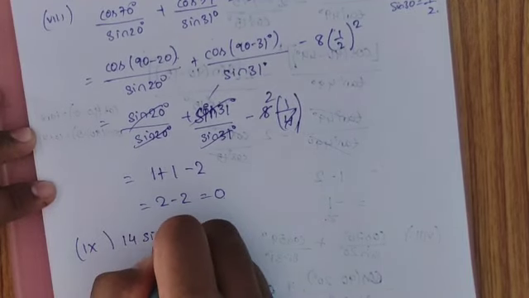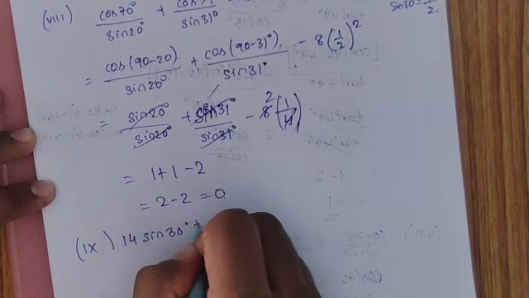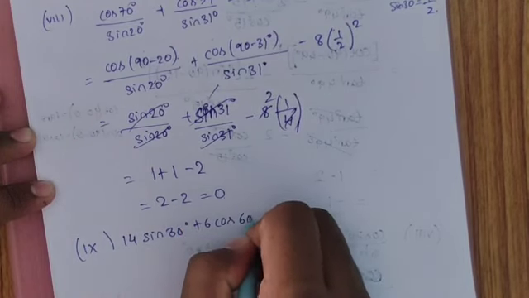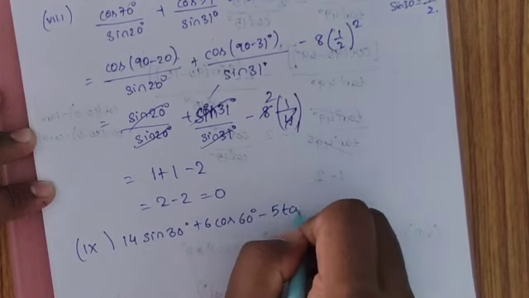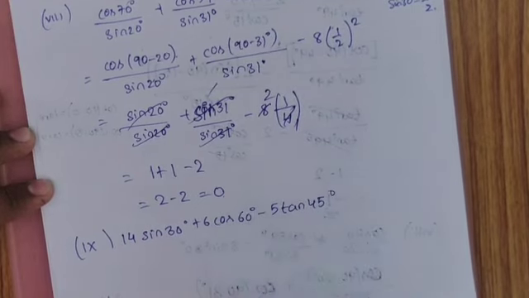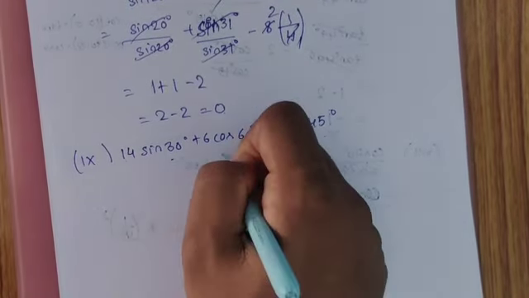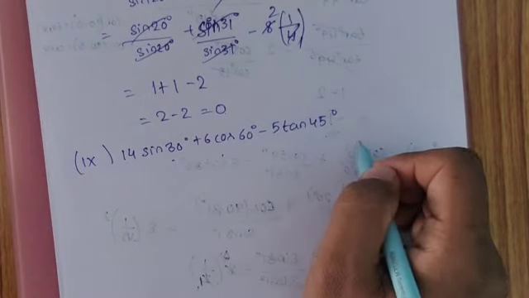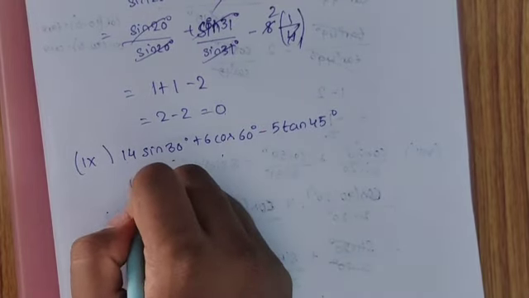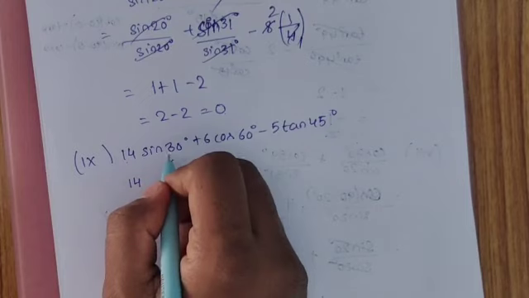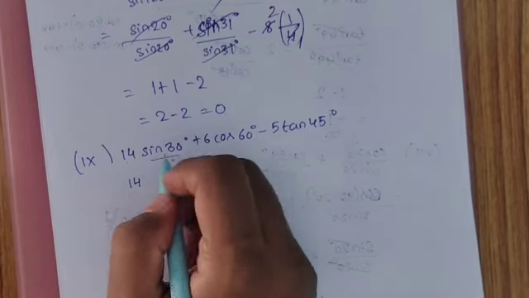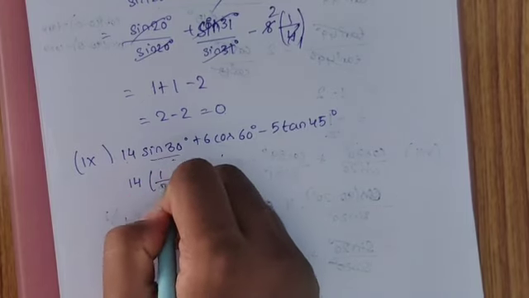So question number 9. 14 sin 30 degree plus 6 cos 60 degree minus 5 tan 45 degree. So what may be the result? Here 14 sin 30, sin 30 means 1 divided by 2.